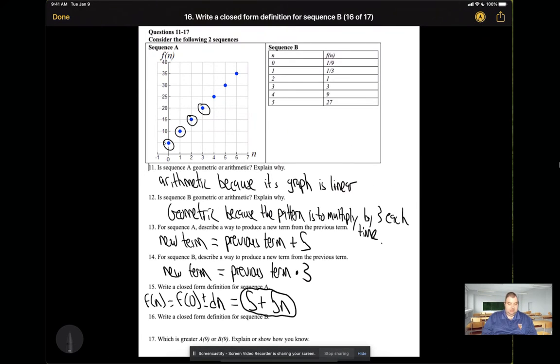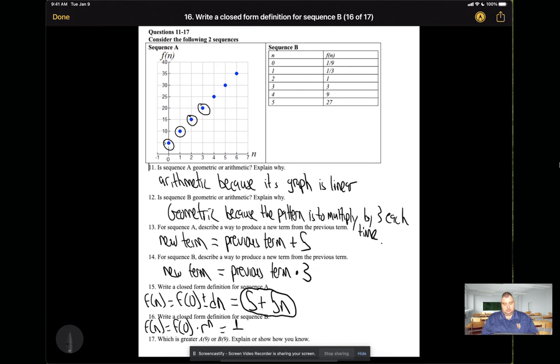Number 16, write a closed form definition for sequence B. So that, again, is a geometric sequence. So here is the formula for the closed form of a geometric sequence. So f of 0, what's my starting term?